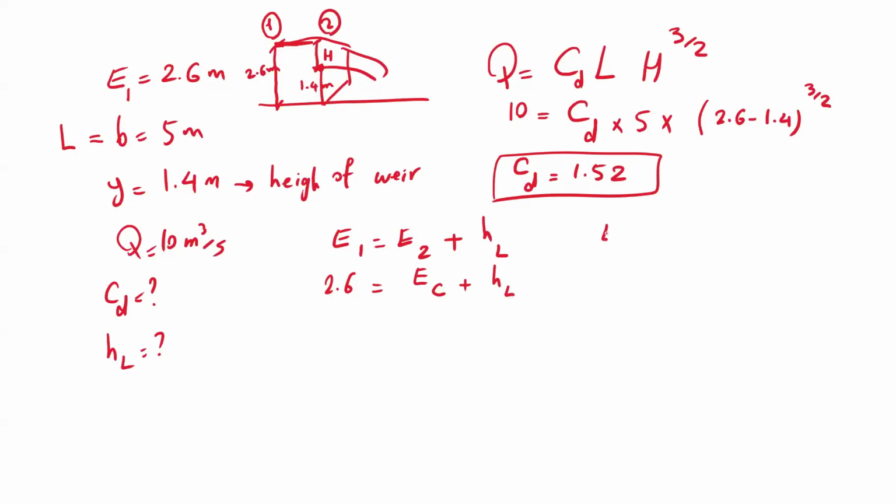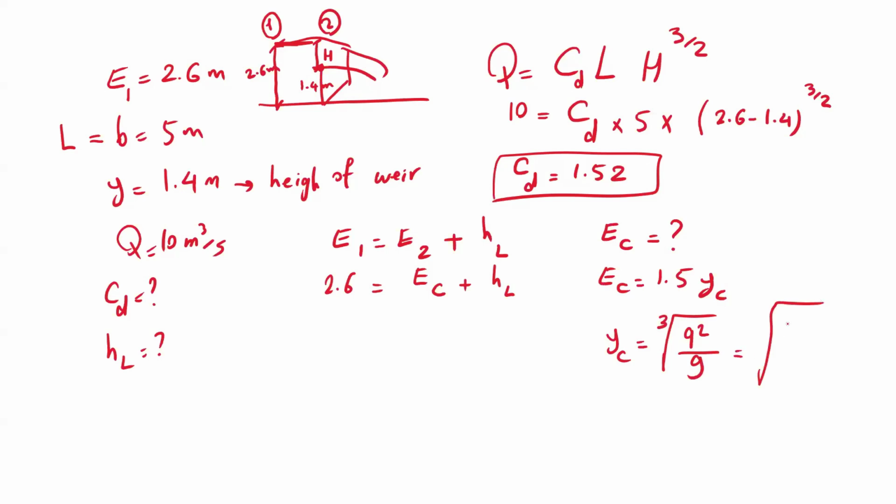Now I need to find the critical energy here. Do I have anything in my hand? Yes, the easiest one, if you remember, was EC equals 1.5 of YC. Do I have YC? No, but again, I have another small equation for YC: YC equals the cube root of q squared over g.